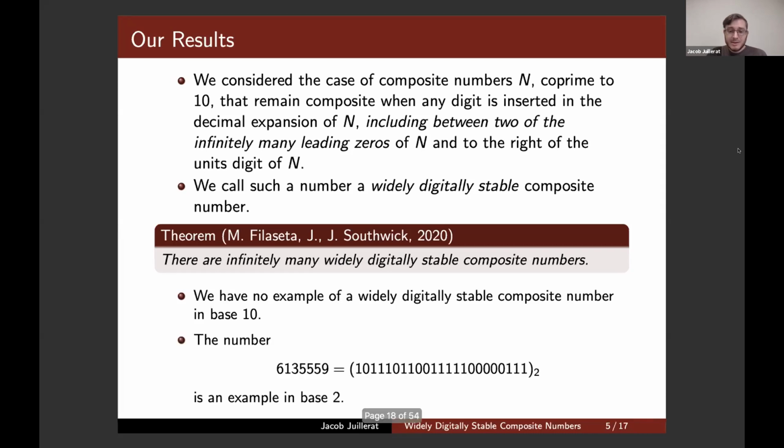But if we move to base 2, this number, 6135559, is an example of a widely digitally stable composite number, meaning if you write the base 2 expansion down and then insert a 0 or 1 anywhere, including into the infinitely many leading zeros, then the result will be composite. And we can get a lot more examples in base 2 just by looking at Sierpinski numbers. Sierpinski numbers are going to take care of the inserting into the leading zeros, and then we just have a finite number of insertions to check.